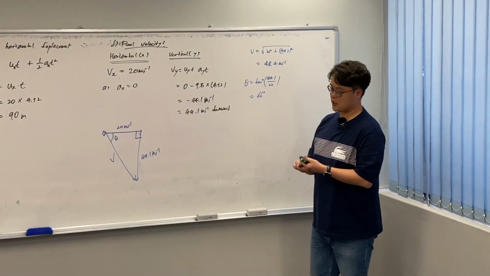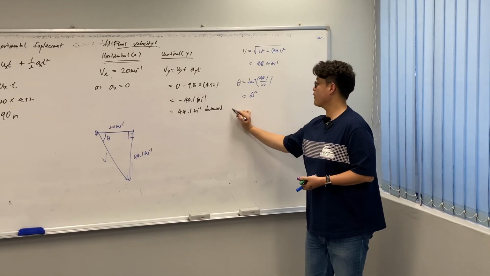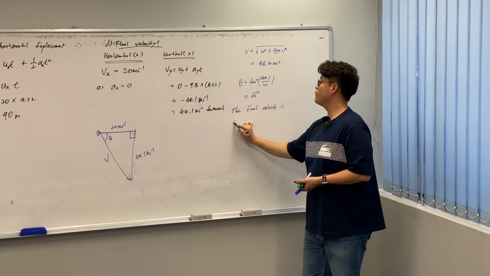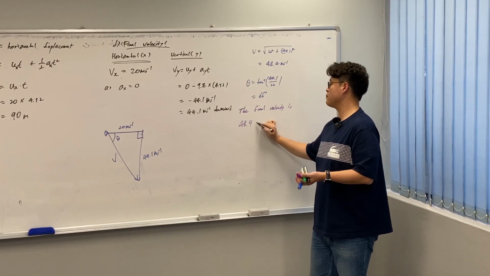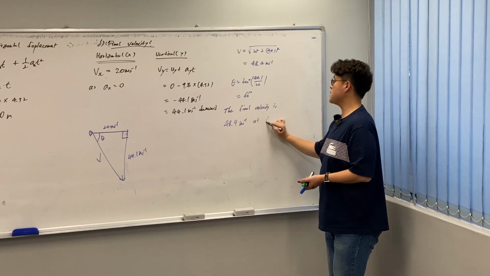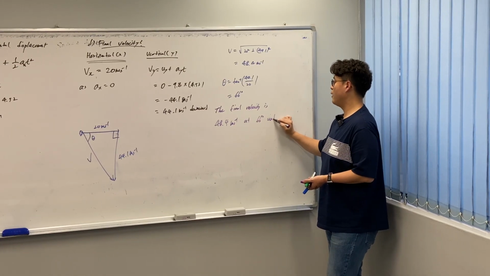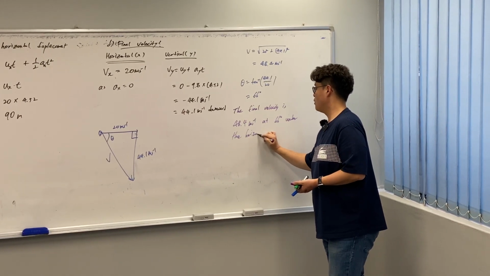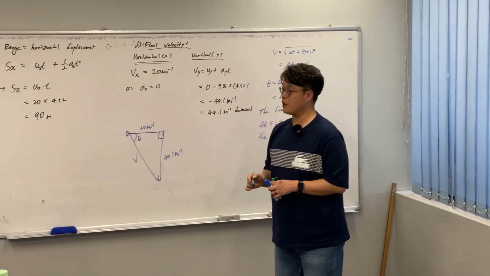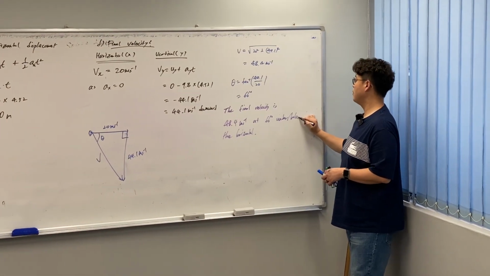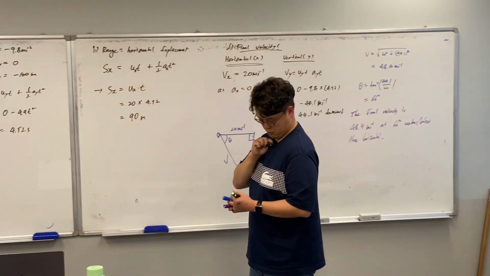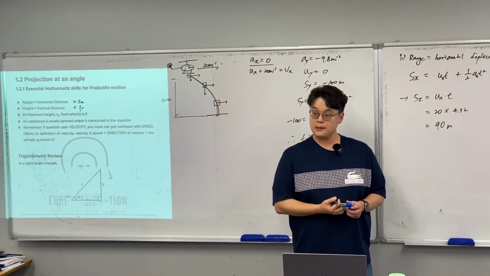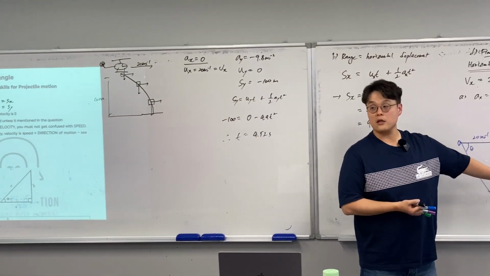So your final answer needs to be written as this: the final velocity is 48.4, or 48, meters per second at 66 degrees under, or below, the horizontal. Under or below is the right term to use. Does it give you some sense about this? This is what you need to write down in your final answer.